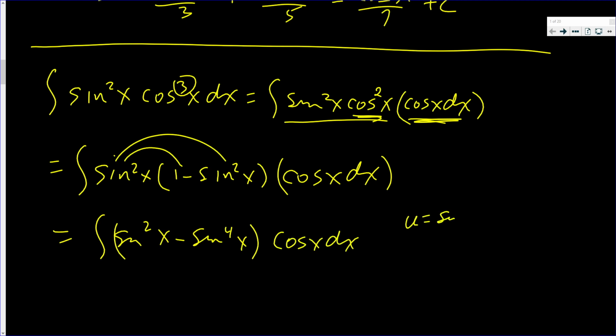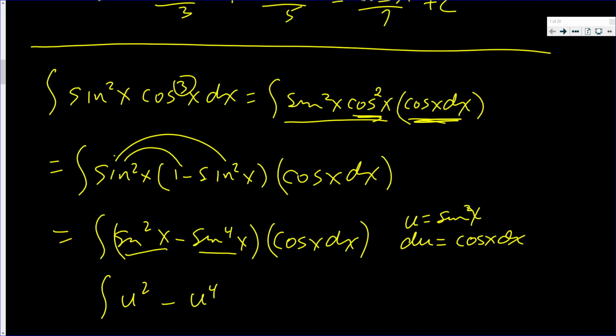If I let u be sine x, then du is cosine x dx. What we have is u squared minus u to the 4th times this, which is du.